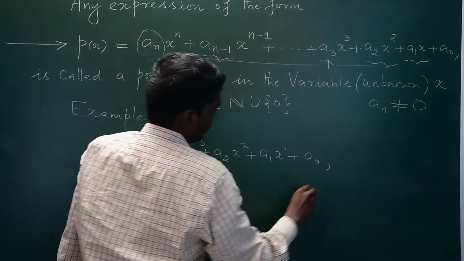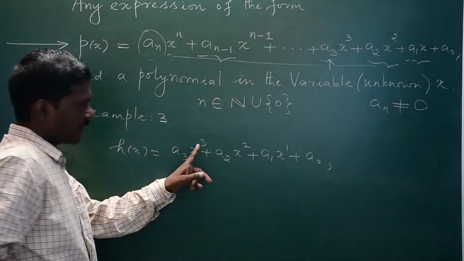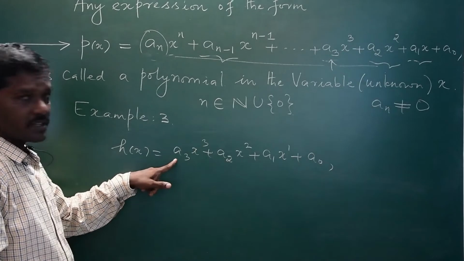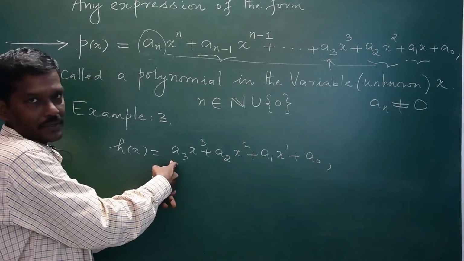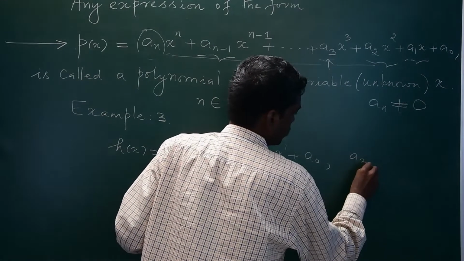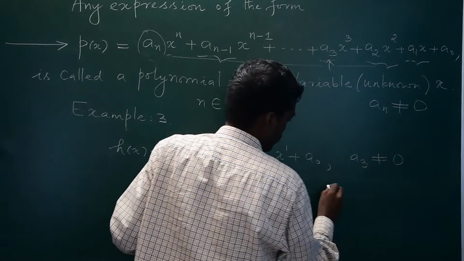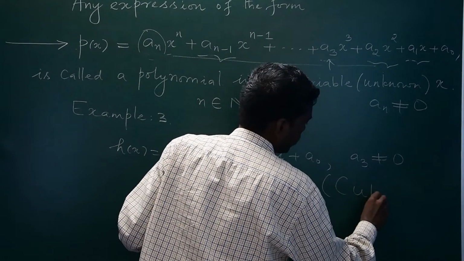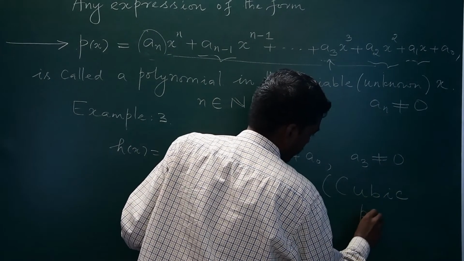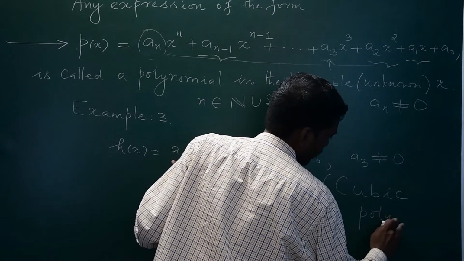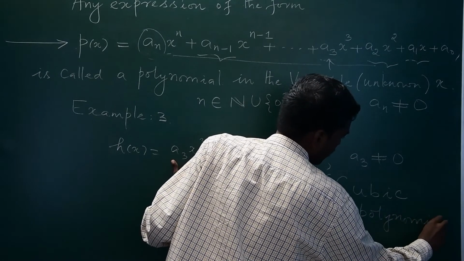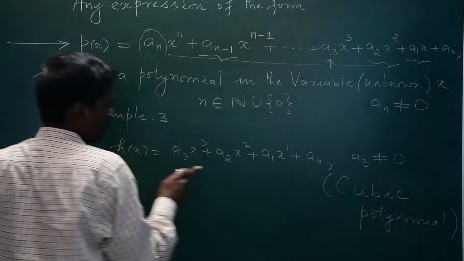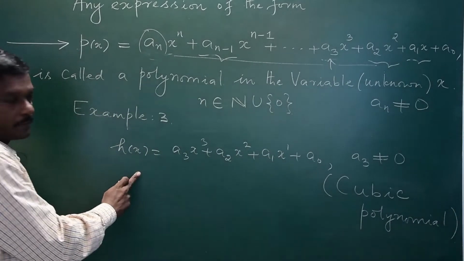For this polynomial to be a cubic polynomial, the condition that we have to put is a3 is not equal to 0. So this is an example, or rather the general form, of a cubic polynomial.